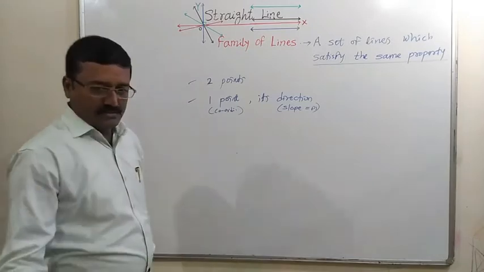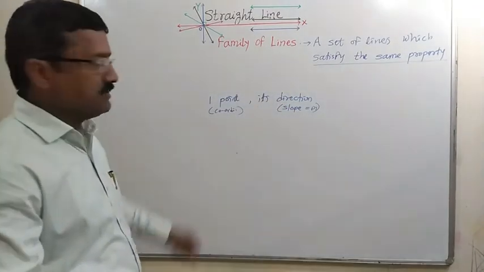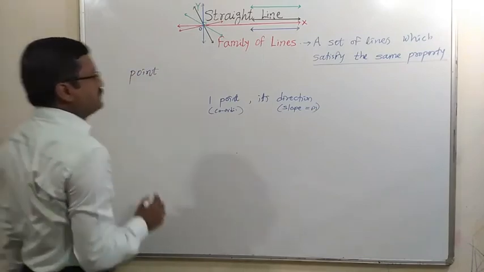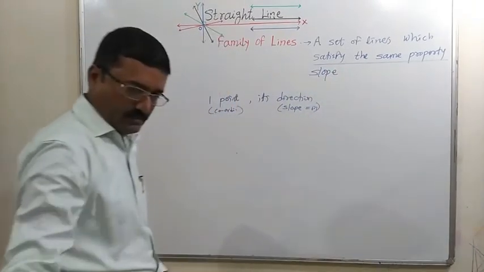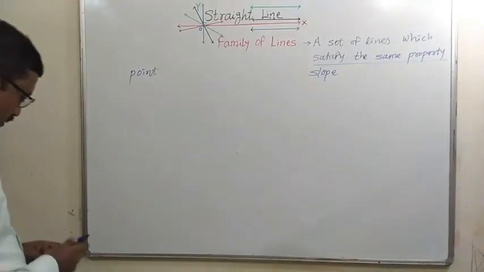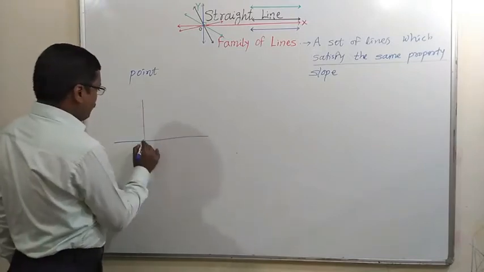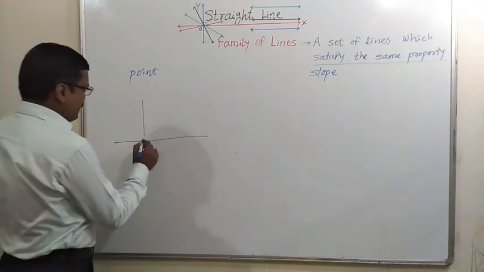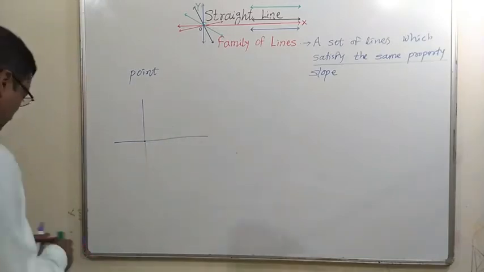Let us see this second situation. If only 1 point is given, then what will happen? We will consider the first situation as point, and the second situation will be slope. Whenever a point is given, can we draw a line? Suppose a fixed point, the origin, 0, 0, is given. Then we can draw a number of lines passing through this fixed point.